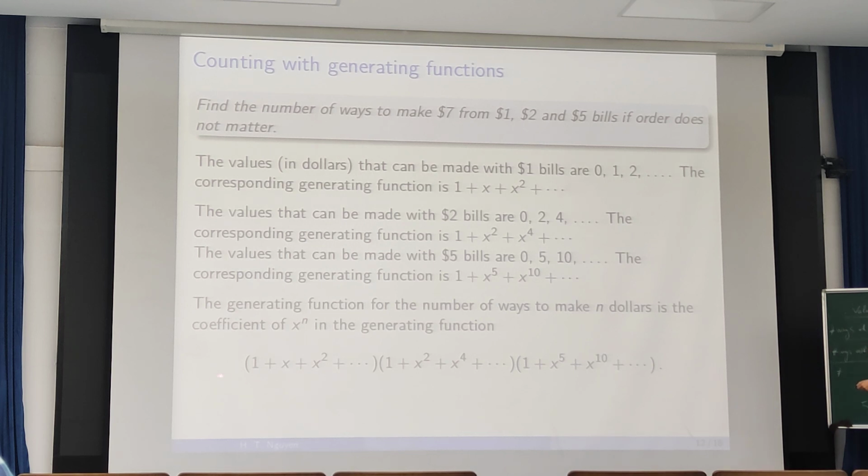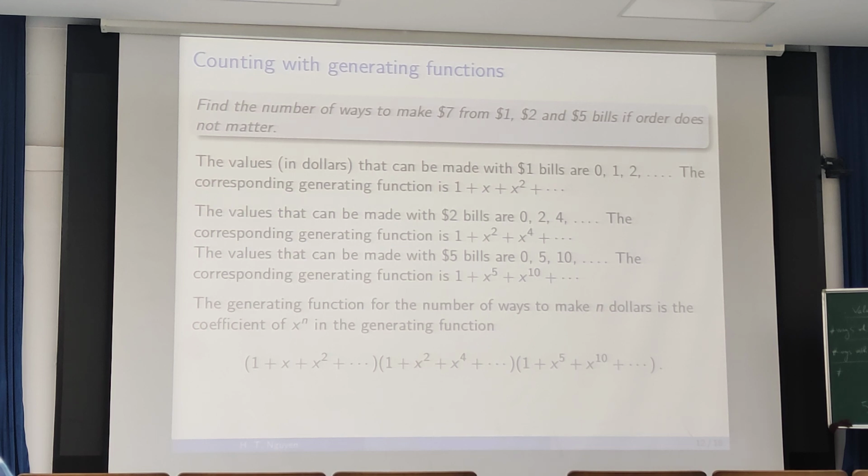Maybe if you understand it, it's good, but if you don't see the inside, then it is sufficient to remember that this product is also a formal power series, a generating function. And that generating function will give you the number of ways to make a certain amount of dollars.